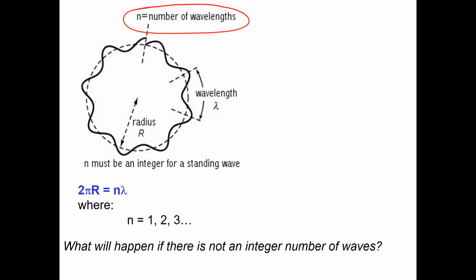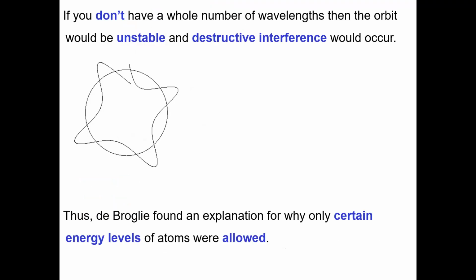If that is the case, then the circumference of our circle must be equal to an integer number of wavelengths. Now, this is important because if our circle is not an integer number of waves, then we end up with a circle that doesn't close, and as we go around again, we'll start getting destructive interference.